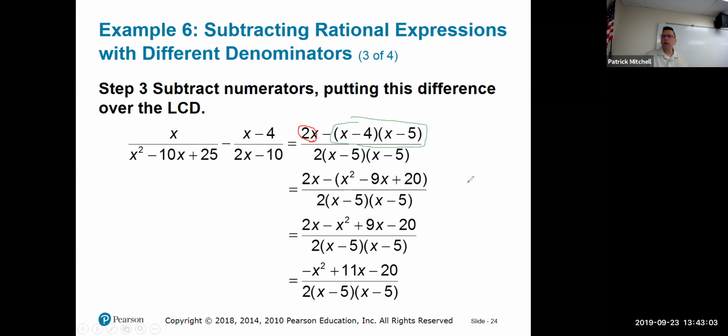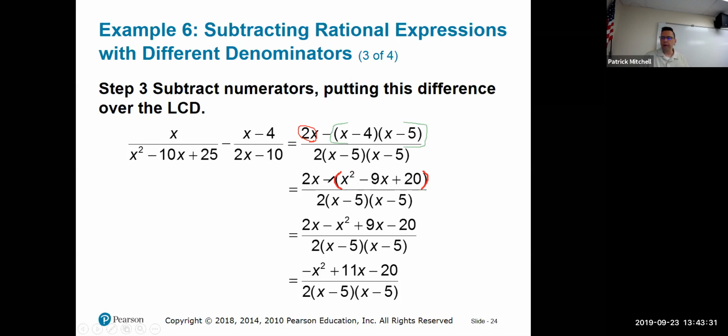Okay. So now, in order to simplify the top, you need to multiply out the x minus 4 times x minus 5. So you FOIL that. That gives you x squared minus 9x plus 20. Notice, and this is super, super important, that they kept the parentheses around the x squared minus 9x plus 20, because that thing is still being subtracted.